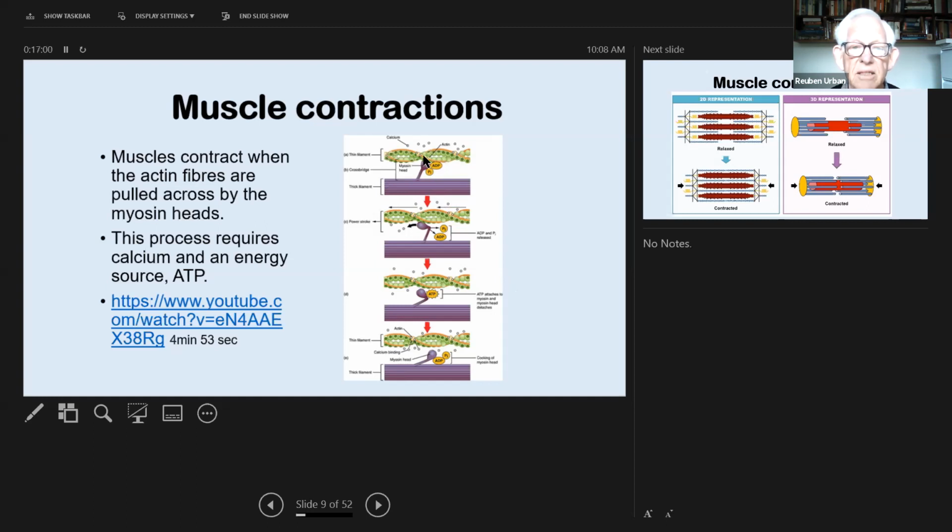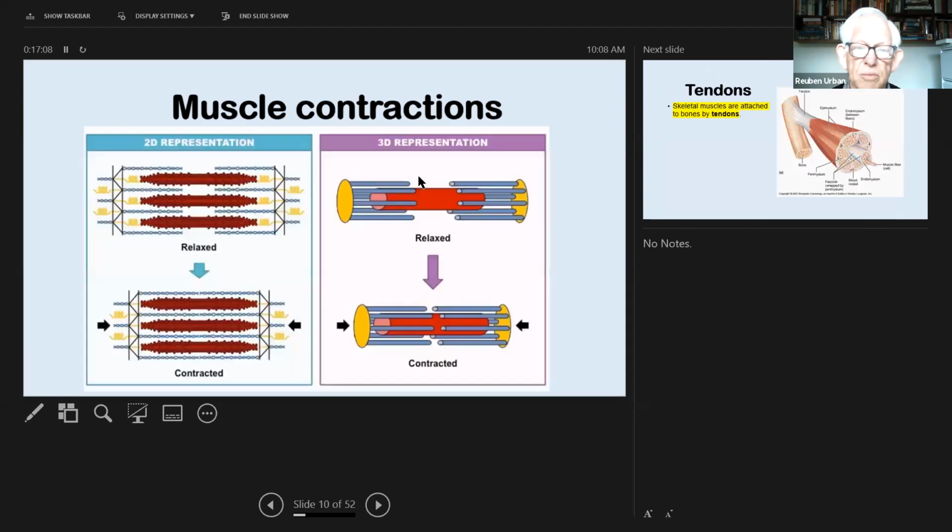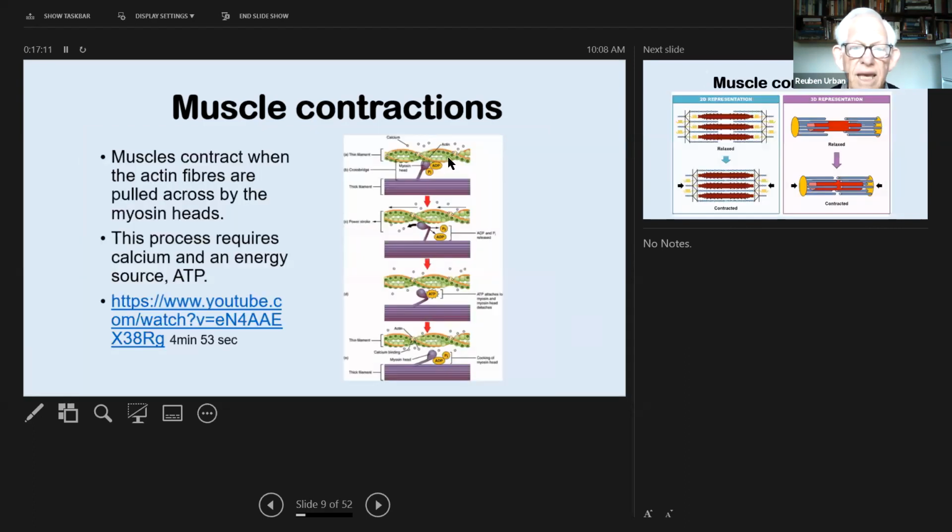And the actin here has got little sort of grooves that this fits into, and it moves it across. The head pushes that across, in this case, to the left here.